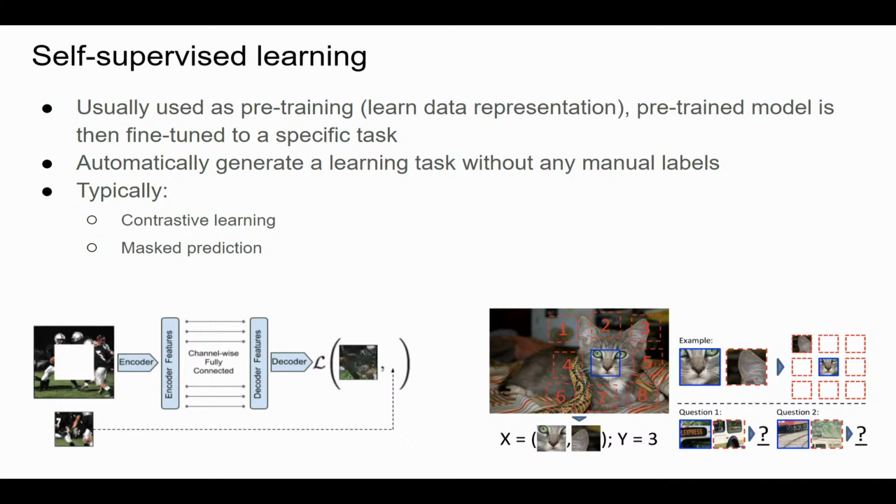So this is a semantic task. You try to guess the relation of those two patches. You train a network on that task. It works perfectly. And then you try to use that network for cat classification, and it doesn't work at all if you do some small fine-tuning or whatever.